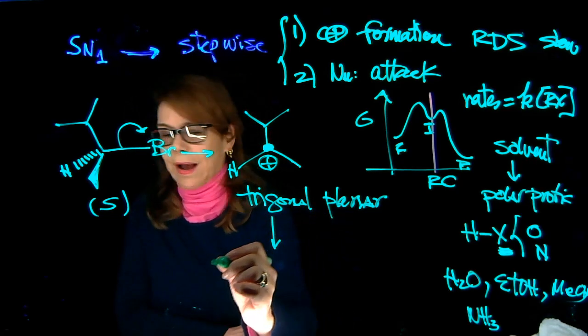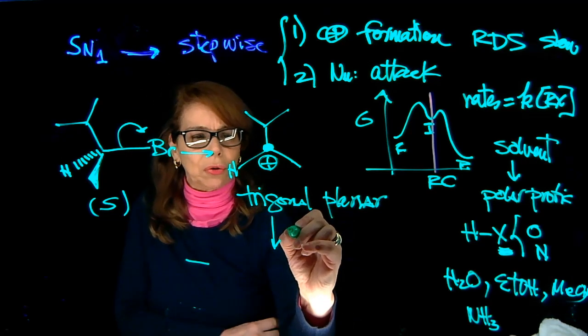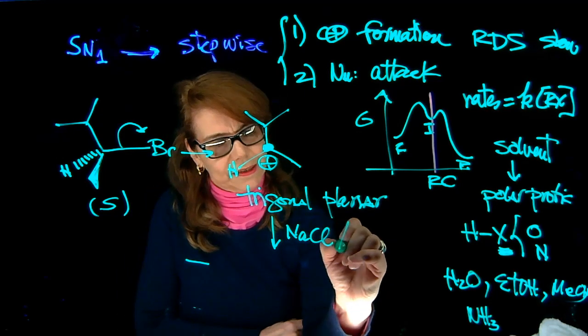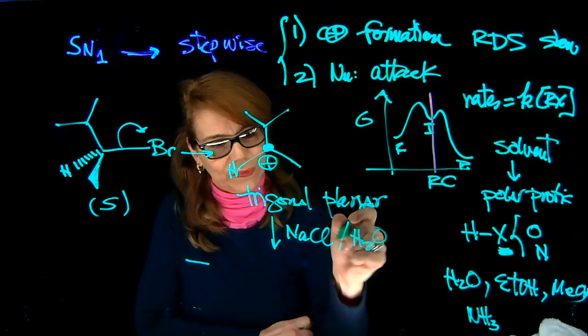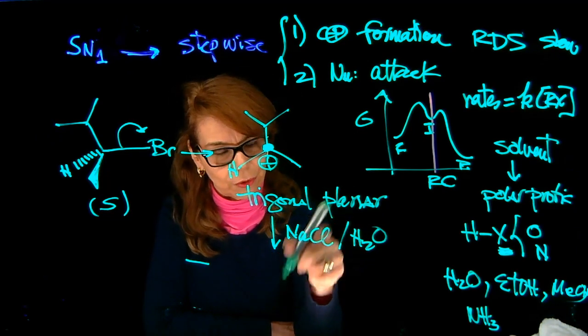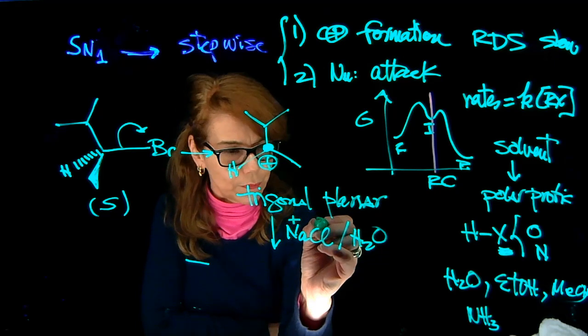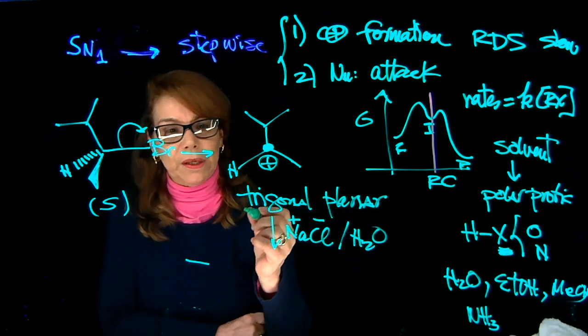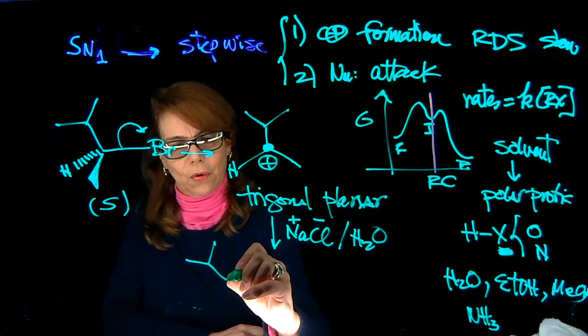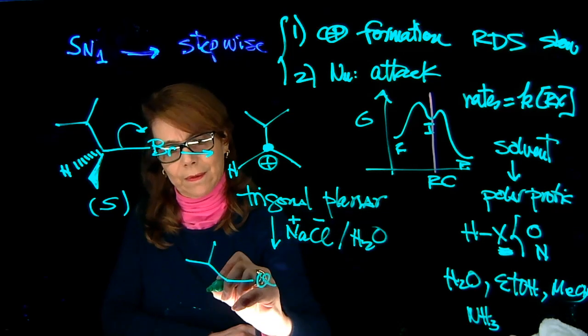So say that my nucleophile, I'm just going to do sodium chloride in water. Notice that I'm using a polar protic solvent, and that's a good nucleophile. This is a salt, right? And so my nucleophile will be chloride. And here I'm going to draw one product.